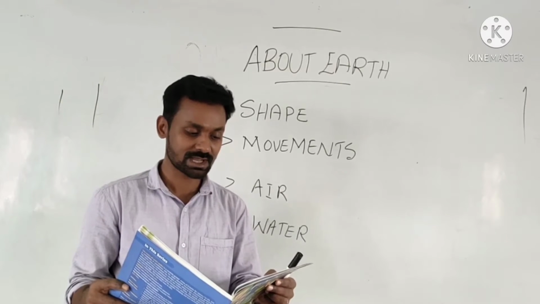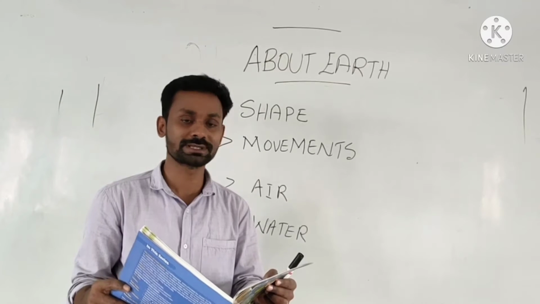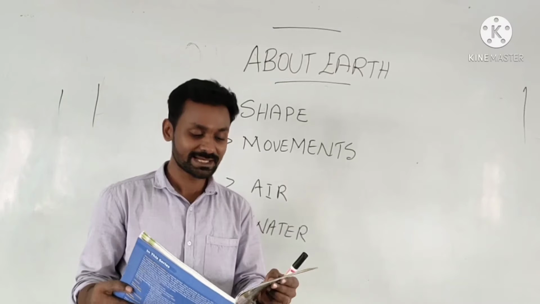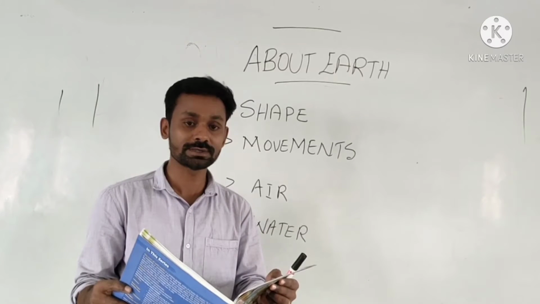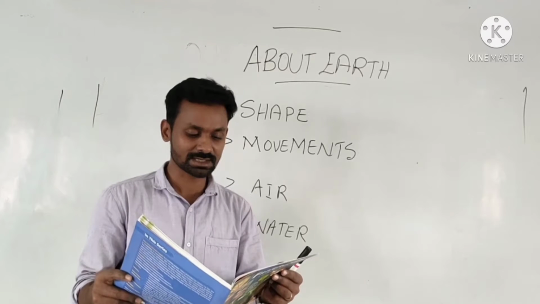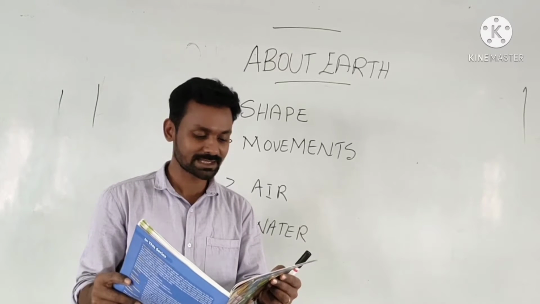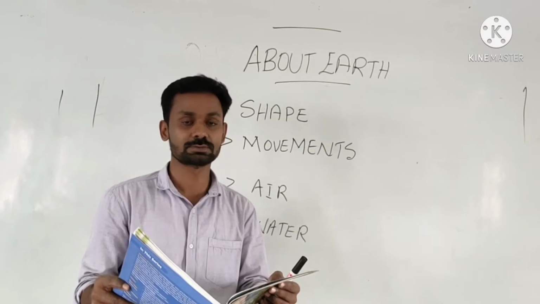Human beings, animals, birds and insects live on the earth. Millions of trees and small plants also grow on this planet. The presence of water, proper sunlight, etc. makes the earth livable and habitable.